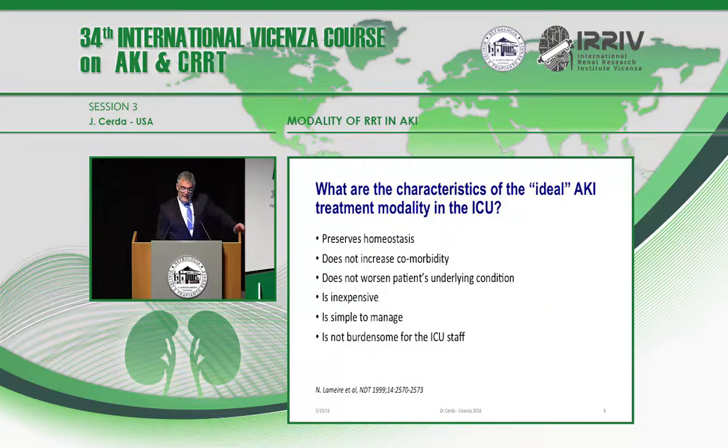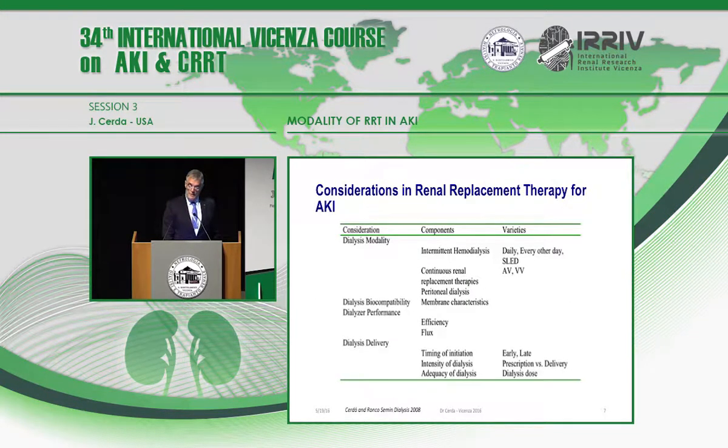So the characteristics of the ideal acute kidney injury treatment were well defined by Norbert many years ago, and I think that we're striving to achieve those components. But in essence, when each one of us tries to decide what modality of dialysis one is going to apply, the decision, which to us appears very simple, is actually very complex.